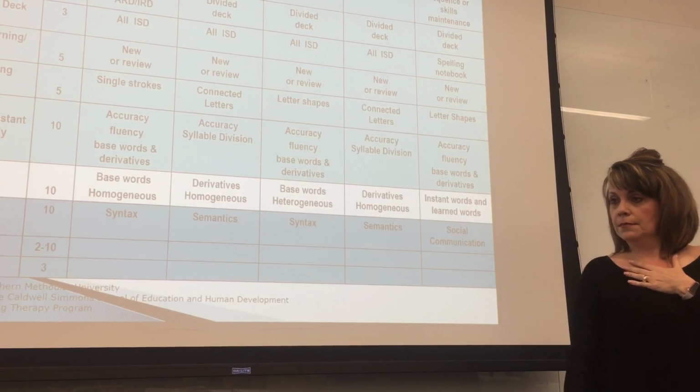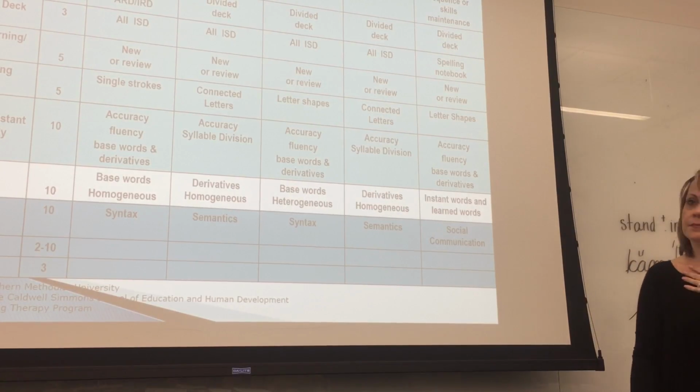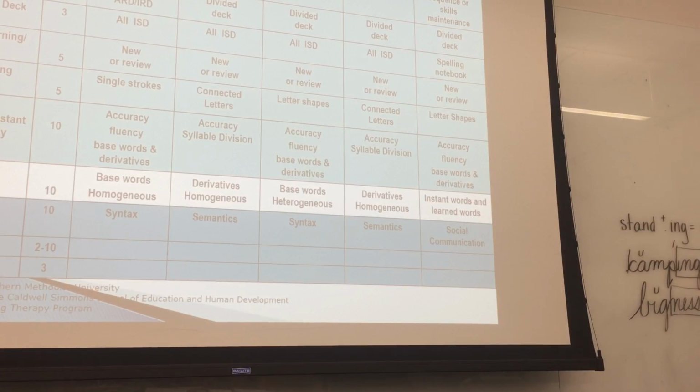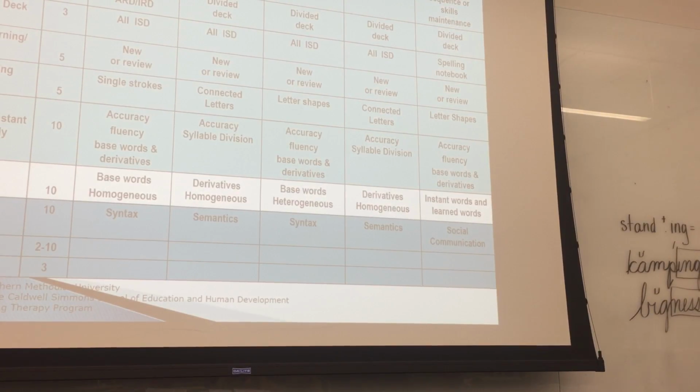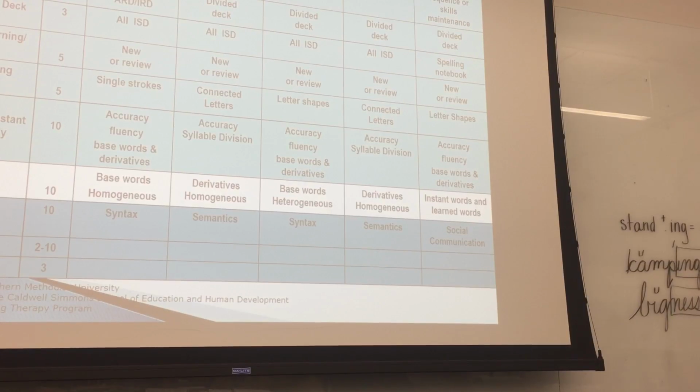During instant words and learned words on Friday, what else could you do? Your spelling notebook. So are you going to labor over the fact that your kids are not getting base word heterogeneous that day? No. Are you going to come back to it? Yeah.